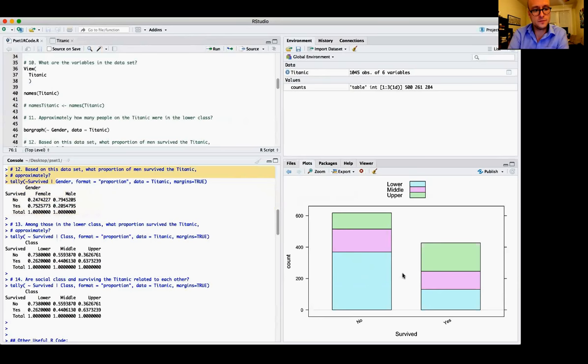So what question 12 implies, and the code as well, is that if you were to divide the passengers, it's not a sample because we don't have a population to infer to, right? There's only one Titanic. We're describing one singular event. If we divide passengers into male or female status, among males, what proportion survived? Among females, what proportion survived?